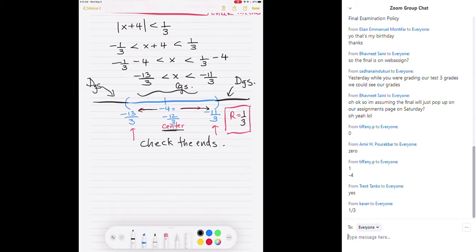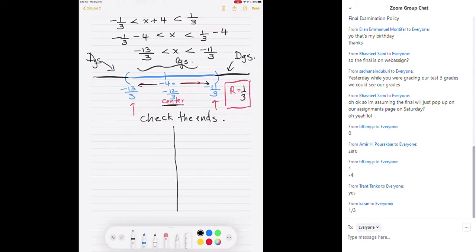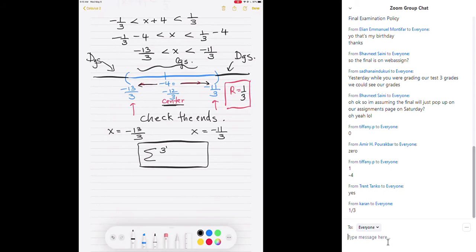So I'm going to come back here and put in x equals negative 13/3 and x equals negative 11/3 in this series, which was the sum of 3 to the n times x plus 4 to the n over square root of n, n goes from 1 to infinity.